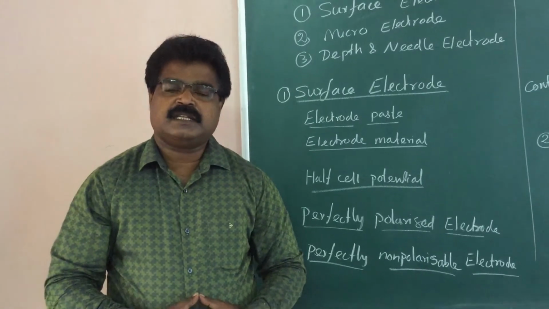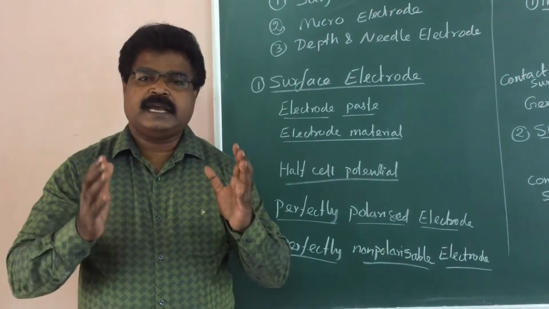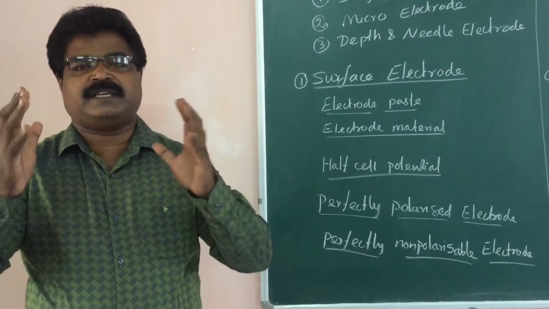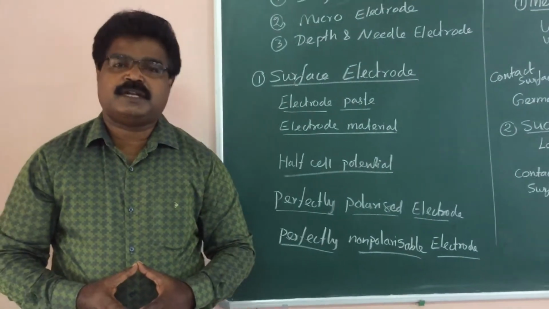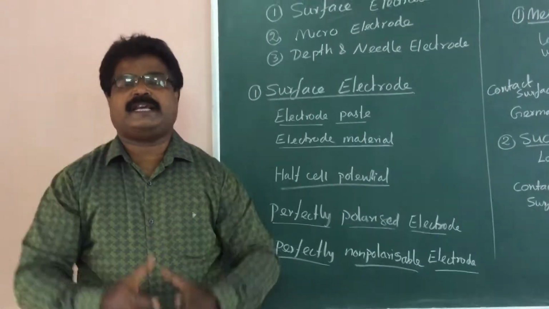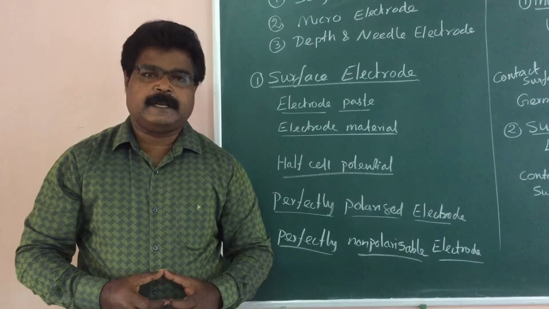Half cell potential is the potential between the electrode and the electrolyte interface. That's called half cell potential.